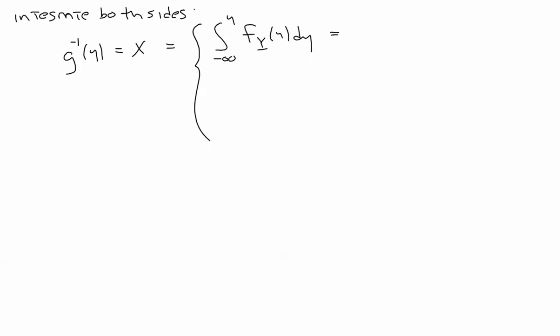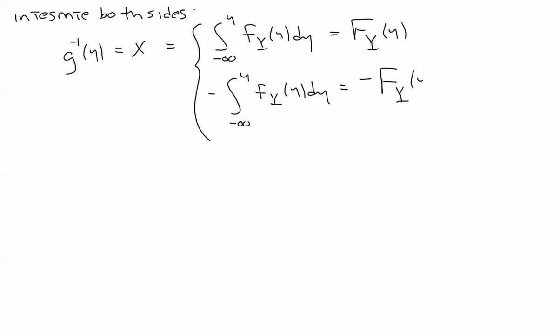And that, of course, is my cumulative distribution function for y. And the next piece would be negative the integral from minus infinity to y of f y dy, and that would be the negative of the cumulative distribution function.